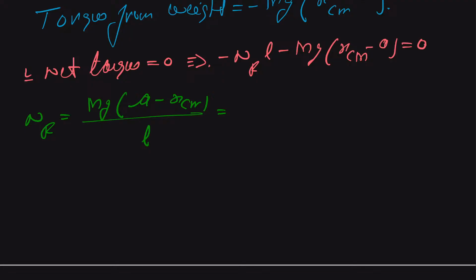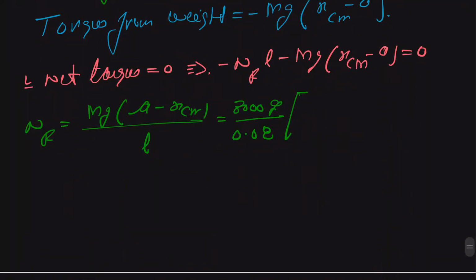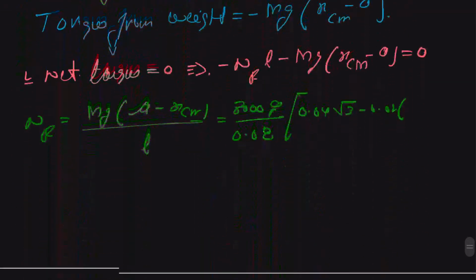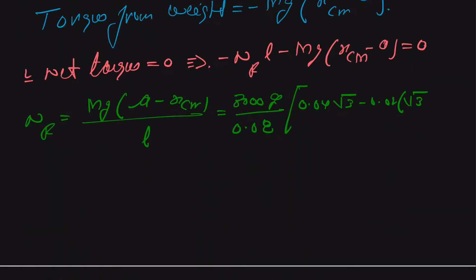We simply substitute the values. Our mass is 3000 times g, length is 0.08, and a is 0.04 square root of 3, minus xcm, which was 0.02 square root of 3 minus 0.5.